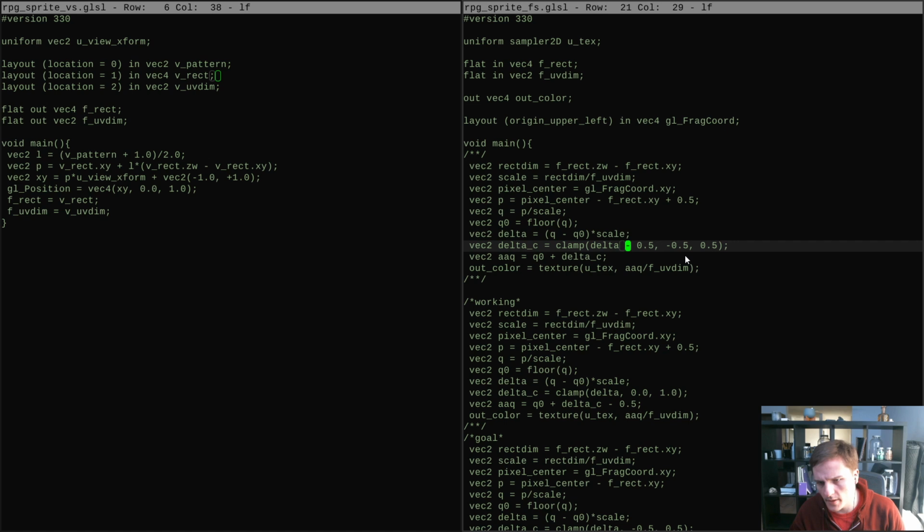We can keep on moving that minus 0.5 up the stack here. So when that goes in there, it's going to get a divide by scale. But I can't, okay, so this is where it matters. It matters because of the floor. I can't just bake it into Q without affecting when the rounding down happens.